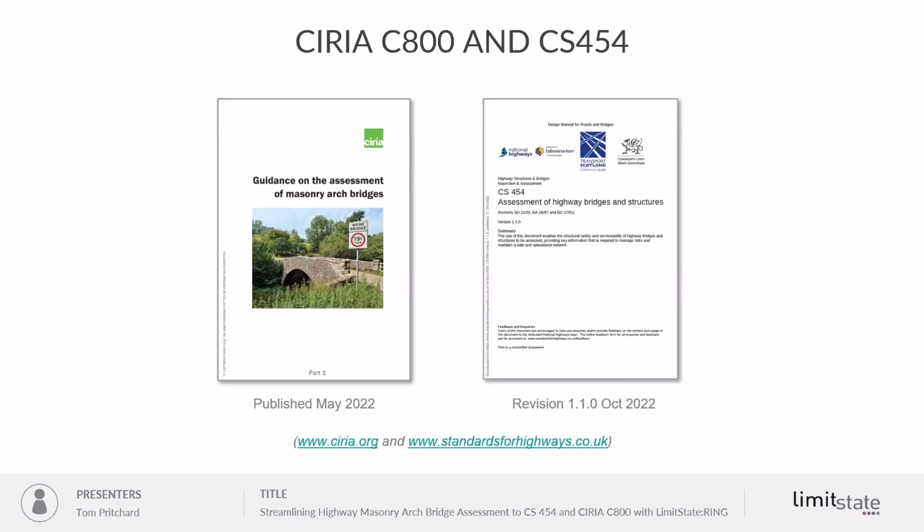It brings together knowledge from existing UK assessment codes and recent research on masonry arch bridge behaviour, and provides useful information for assessing engineers who may have a range of backgrounds and experience levels. So it's definitely something that's worthwhile seeking out if you don't already have a copy. And the guidance introduces the notion of the permissible limit state, which seeks to identify when load-induced degradation may or does occur during a bridge's service life, and we'll be talking about that quite a lot today.